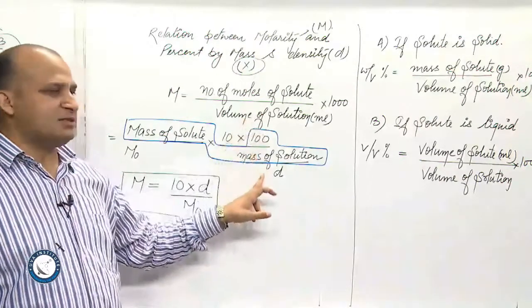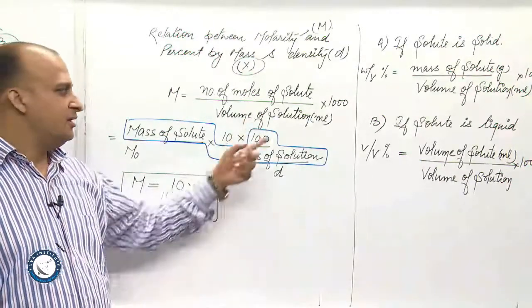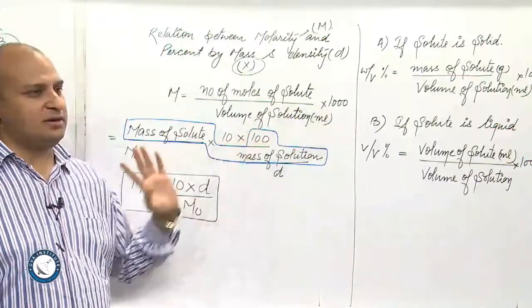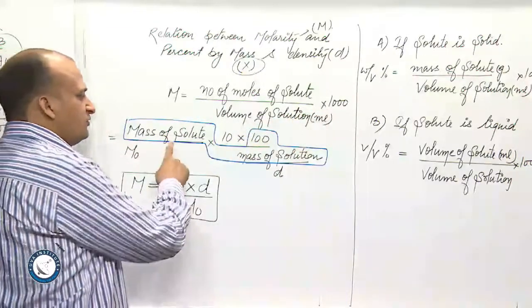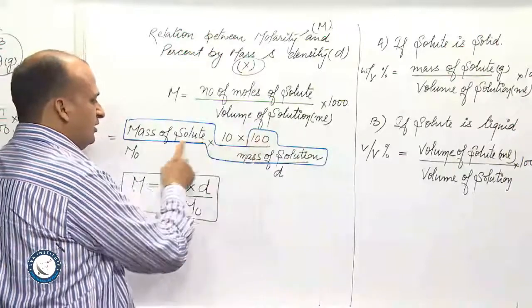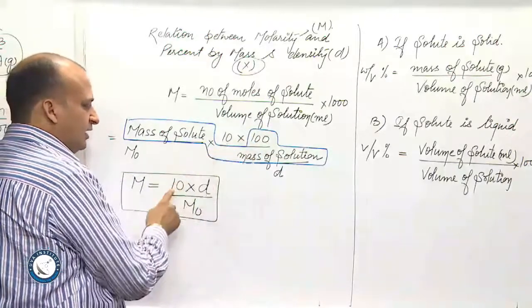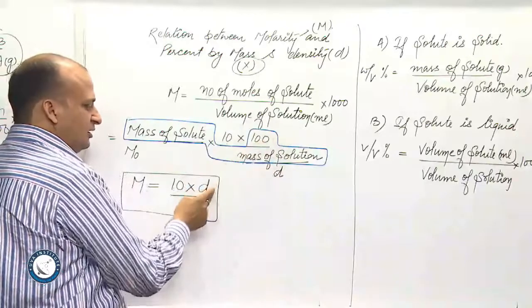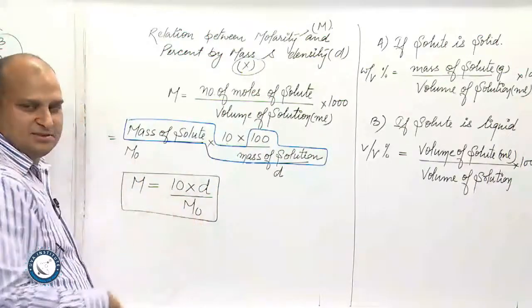Volume can be written as mass by density. 1000 can be written as 10 into 100. So mass of solute upon mass of solution into 100 is X, 10 as it is, D goes in the numerator, M naught here, that's it.